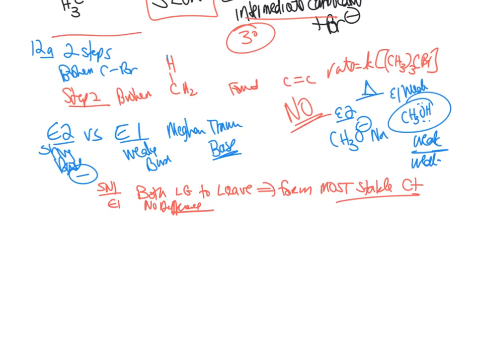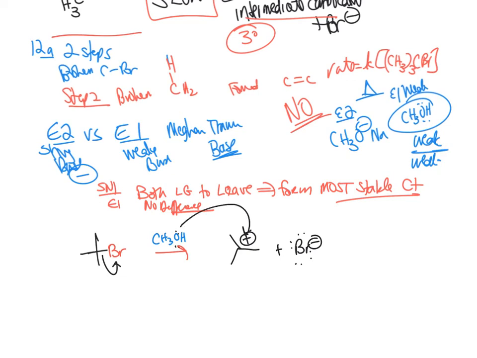Okay, so let's look at that reaction. So you're just talking about tert butyl bromide, and we're putting it in methanol. Okay, so bromine's going to leave. And what's going to happen then is methanol can come in and you can get a substitution.